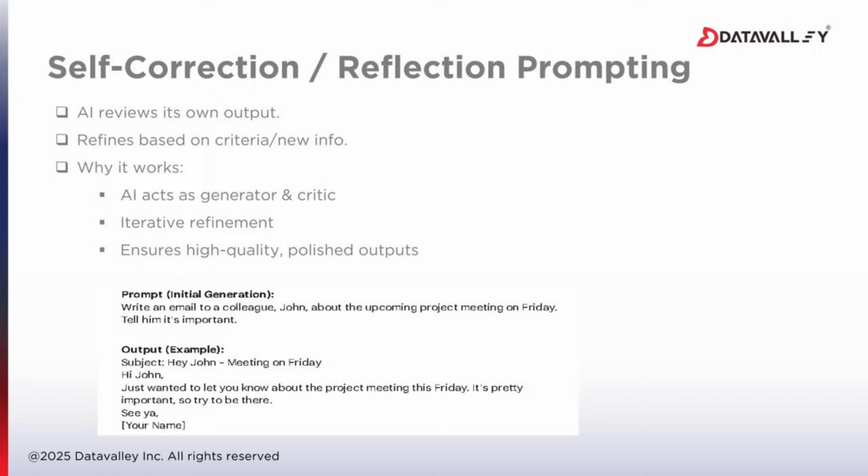It refines output based on criteria or new information. And why it works is that AI acts as a generator and critic. This technique makes the LLM have a dual capability: to produce a text and evaluate it. So it effectively simulates the human ability to review and refine their own work.